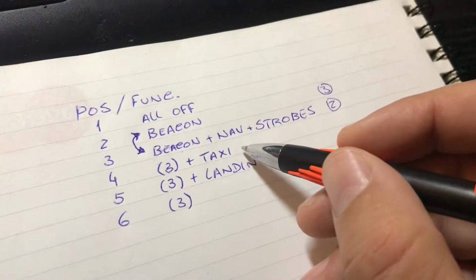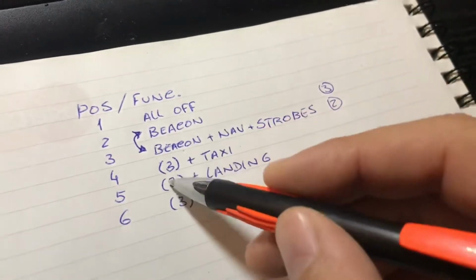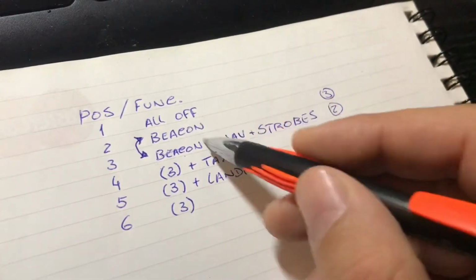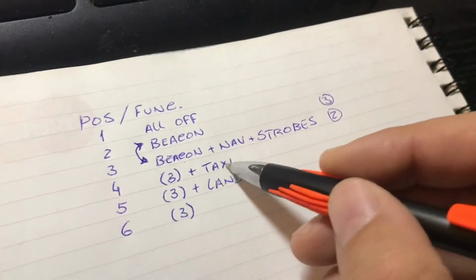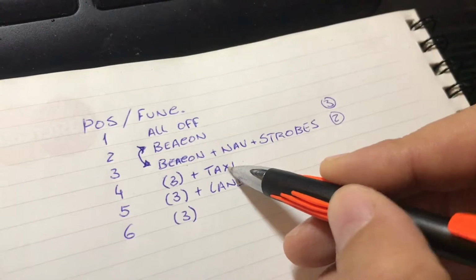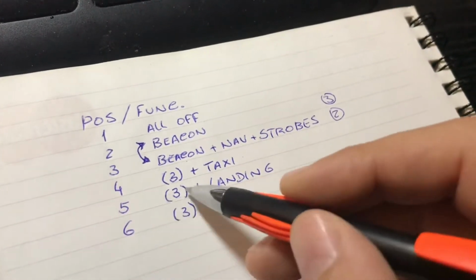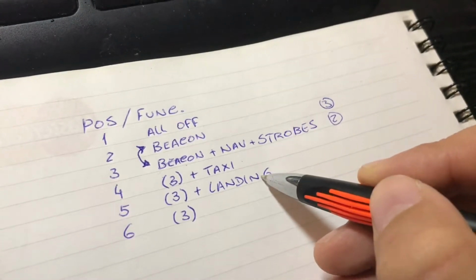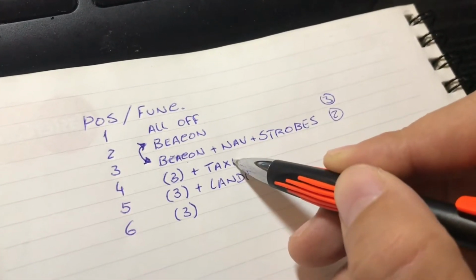For the fourth position, as you see here, I want to have all those lights on plus taxi lights. On the fifth position, I want all these lights on plus the landing light, turning off the taxi light.